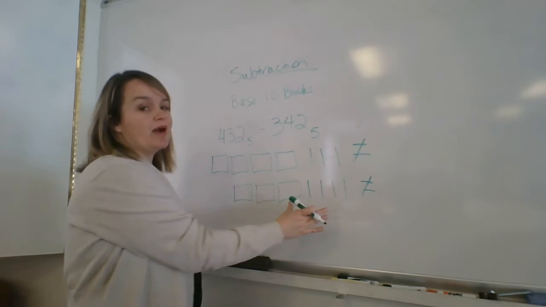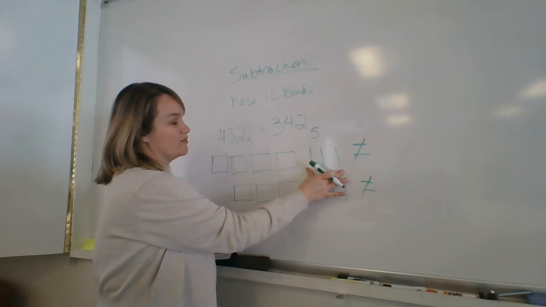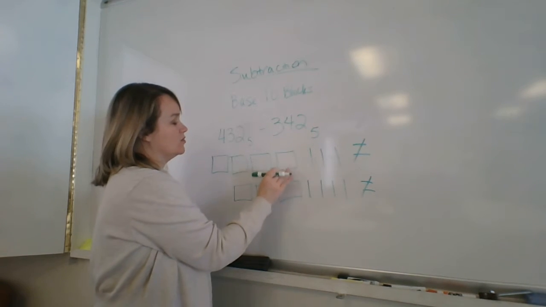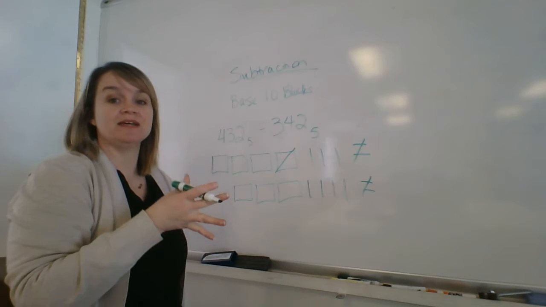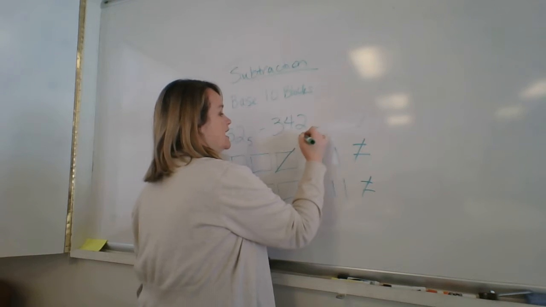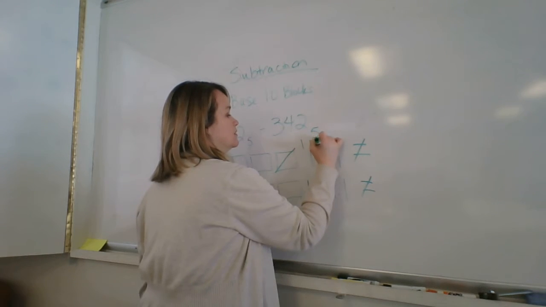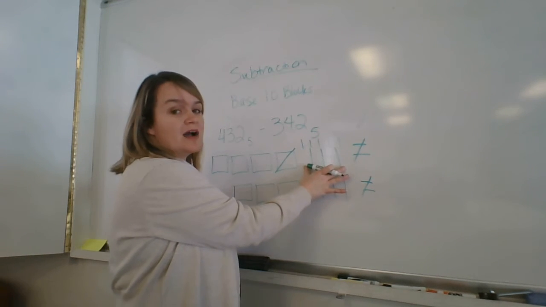Now, here's where the problem comes in. We have 4 rods here and we need to take those away from 3. So we need to take one of these flats, and we're not going to break it up into 10 because it's base 5, so we're going to break it up into 5 rods. So we're just going to add more up here. 1, 2, 3, 4, 5. So we have 8 rods at the top altogether.